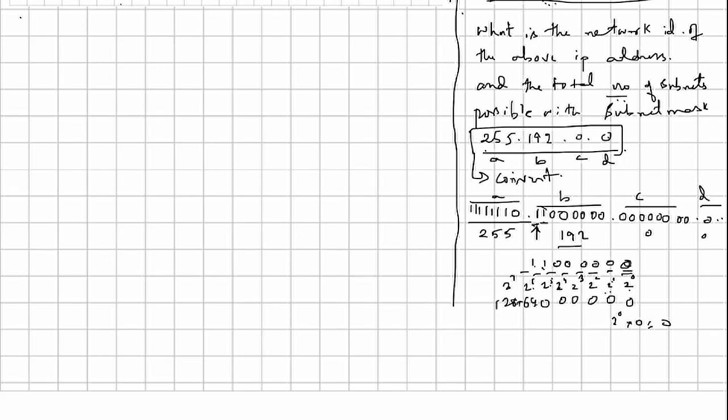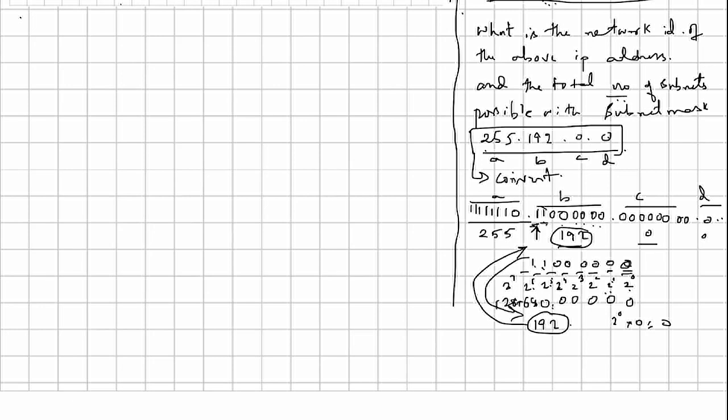So add all these values, what we get is 128 plus 64, and the remaining are all zeros. So the total final value is 192. So that is how 192 is converted into 11000000 and reconverted back to this number.